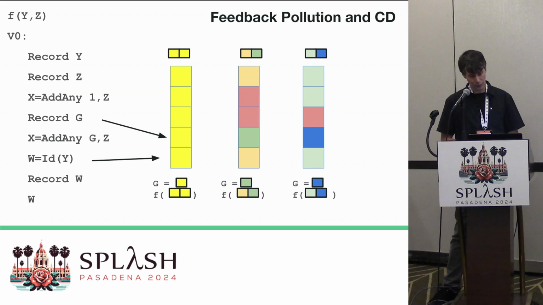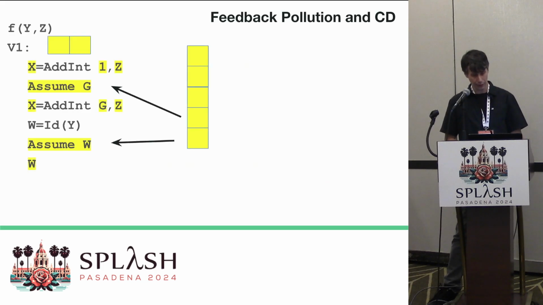And notice that here the last two rows, or the last two slots in the feedback vectors, are not polluted anymore, because the information is kind of separated, compartmentalized. And if we now try to produce a version based on, for example, the yellow context, we'll see that we can now recover the type of G and W, and we can speculate on them, which wasn't possible before.